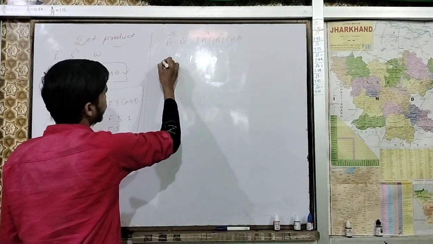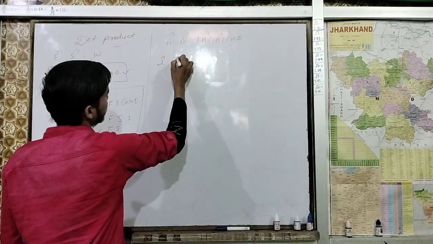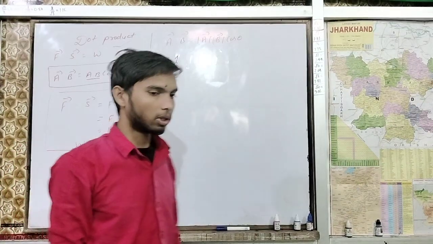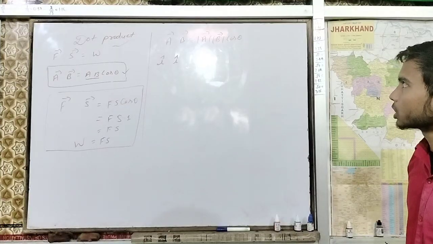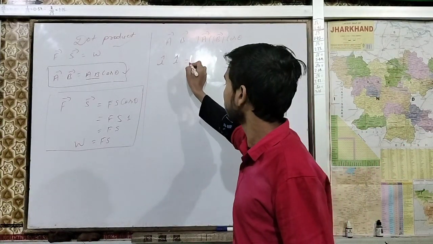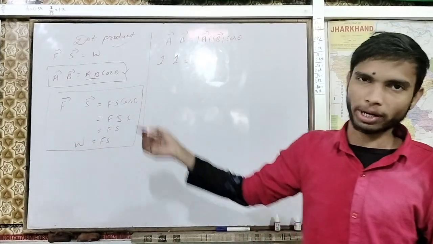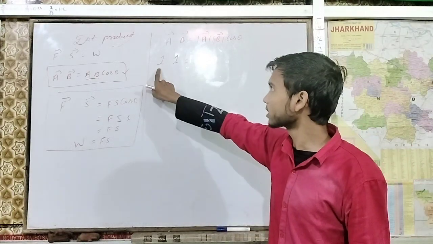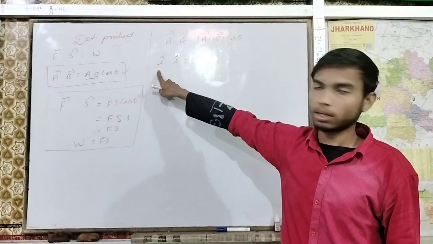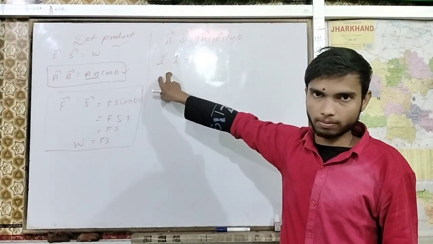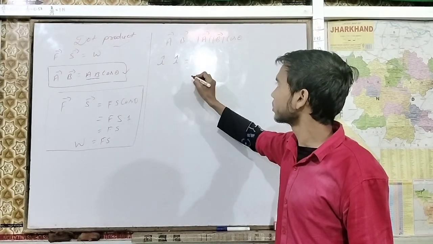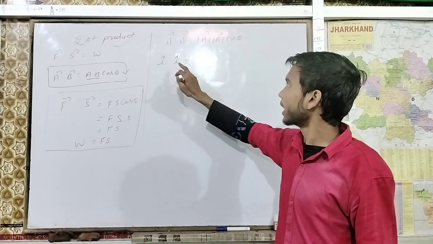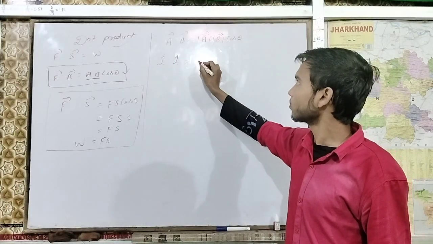Now we are taking two components, or you can say two vectors. Now tell me, what is the magnitude of this? So the magnitude of this is 1, and the magnitude of this is 1.